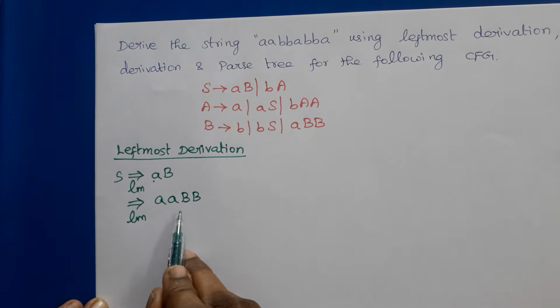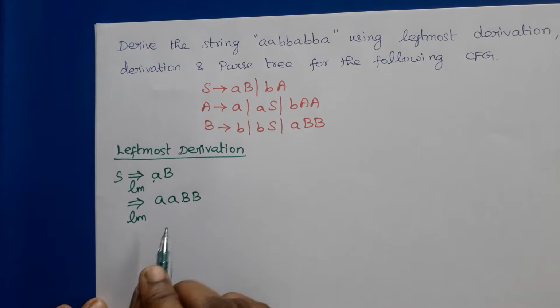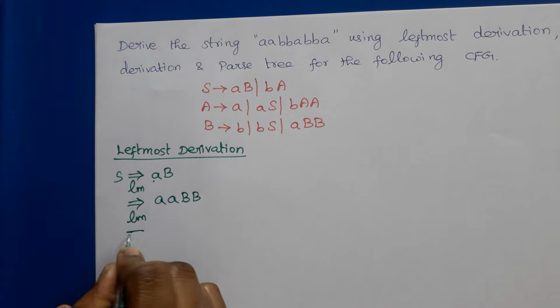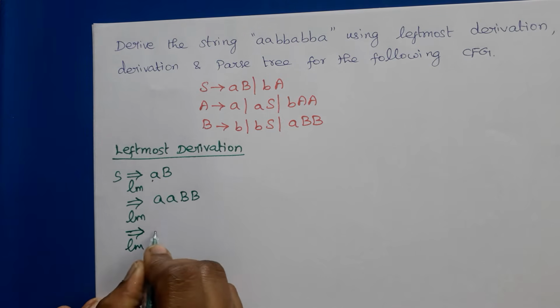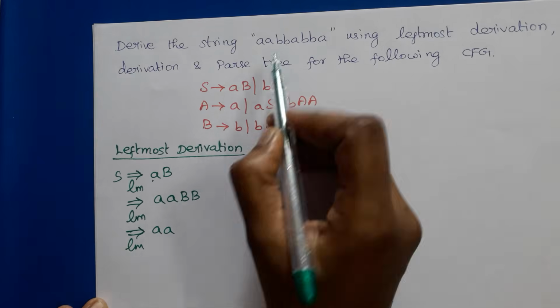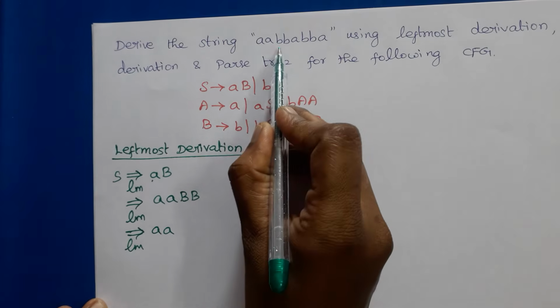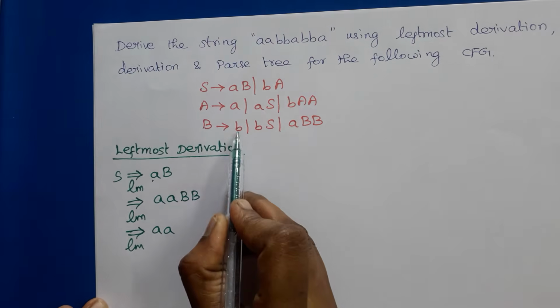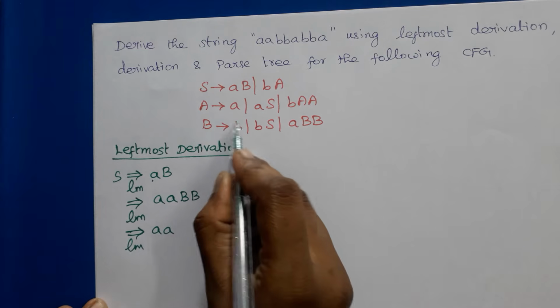So in leftmost derivation, we need to replace the leftmost variable by one of its productions. So in the next step, this B must be replaced by any one of the productions. The third symbol is B. We need B, so we can use this production.